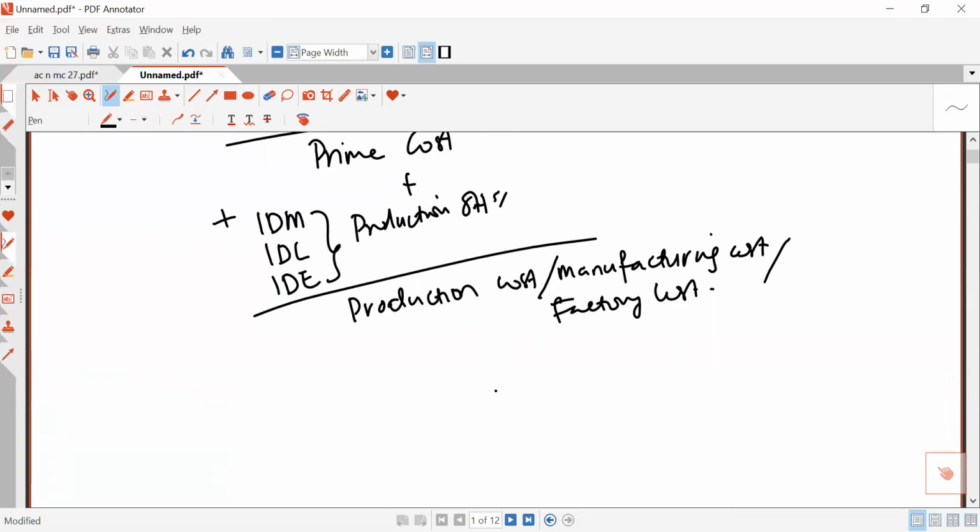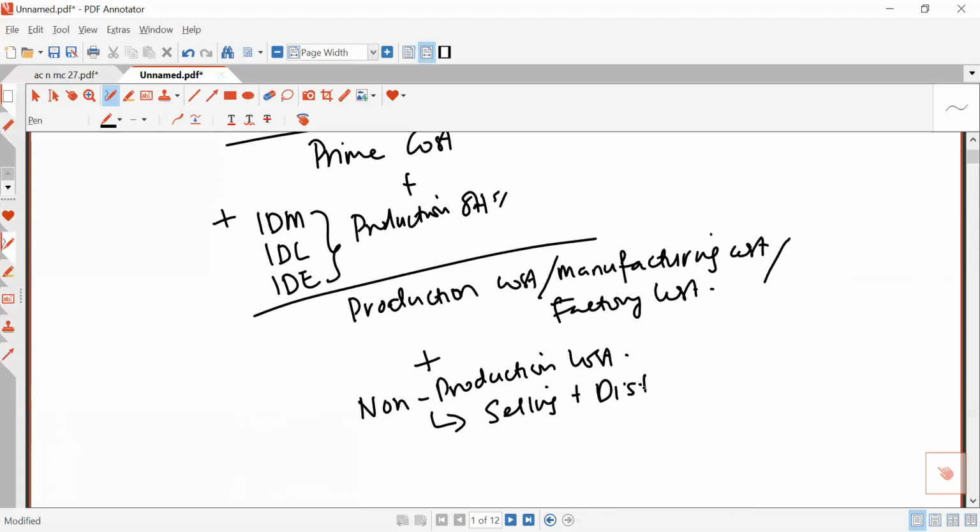Then we add non-production cost. So what are the non-production costs that you can have? You can have selling and distribution overheads.